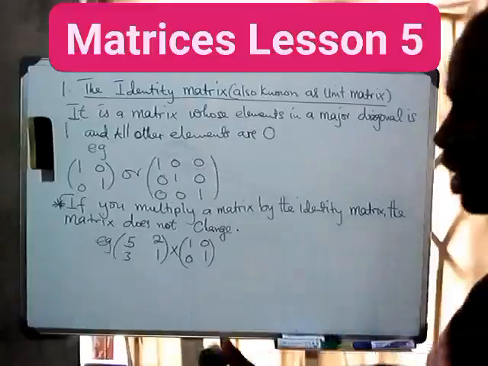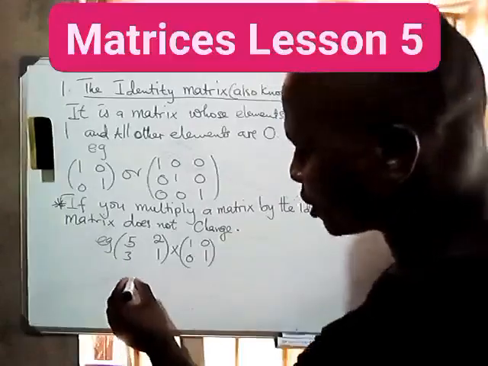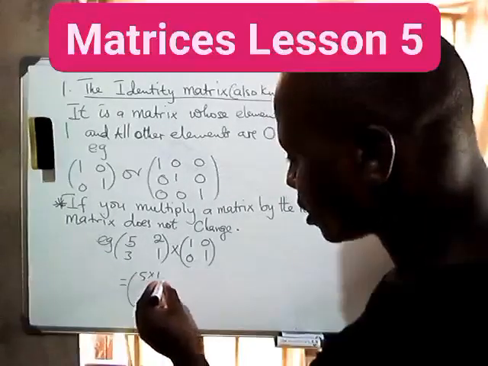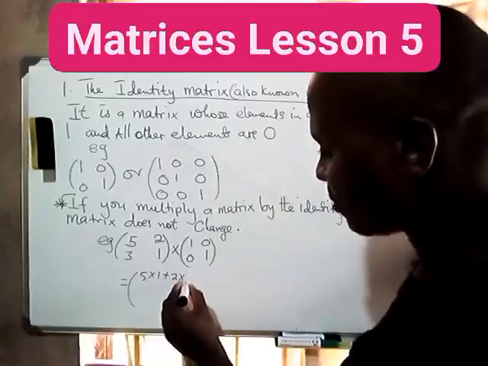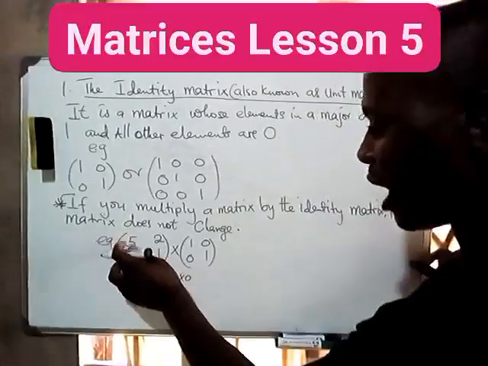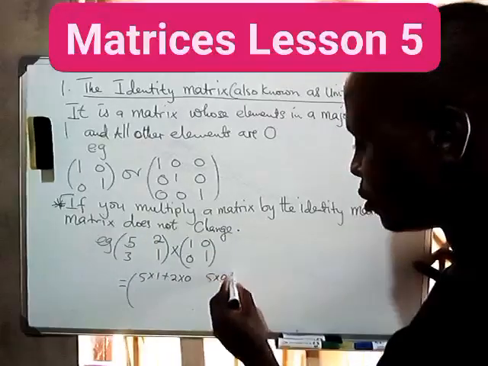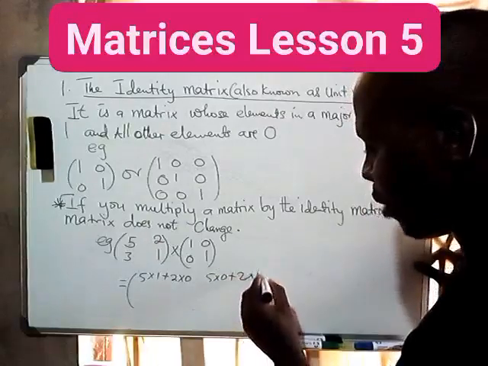So let's multiply. Since we know how to multiply, we say 5 multiplied by 1 plus 2 multiplied by 0. Then 5 multiplied by 0 plus 2 multiplied by 1.